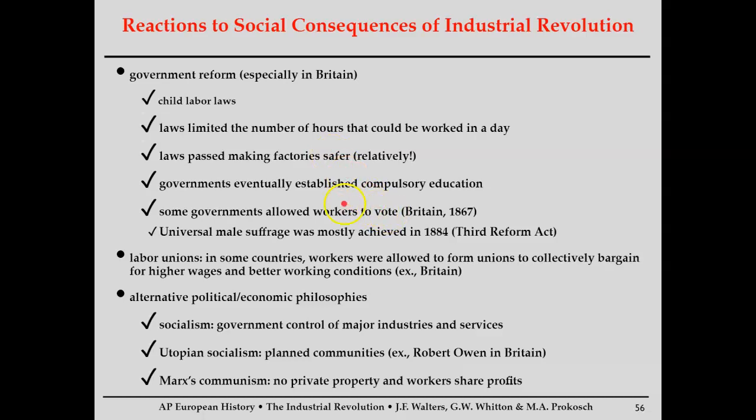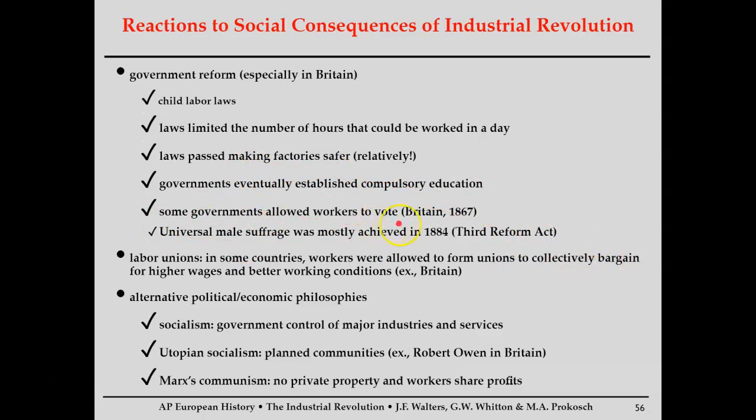Additionally, we're going to see the gradual devolvement of the right to vote in Britain. They're going to gradually give more and more people the right to vote. Initially, it'll be the middle class, then the working class, and then eventually agricultural workers. And basically, by 1884, most men in Britain can vote. I'll have another set of notes on the gradual increase in suffrage in Britain.